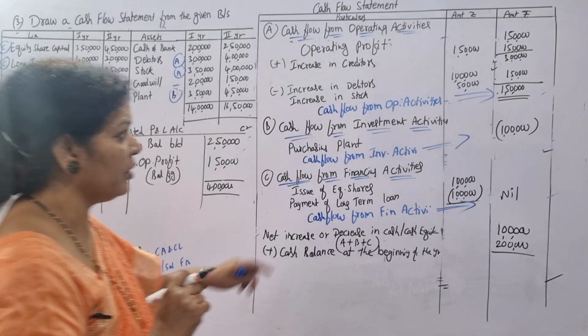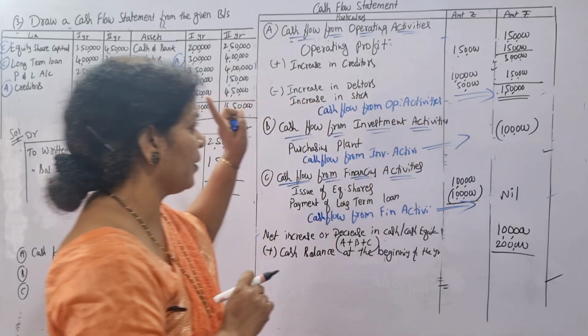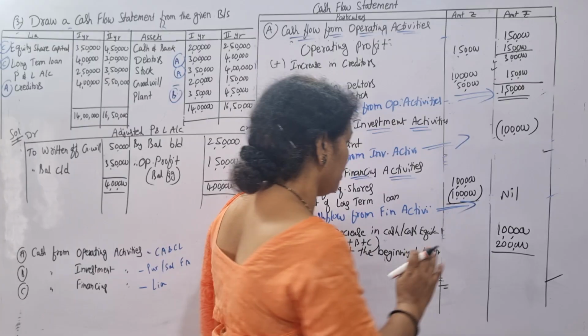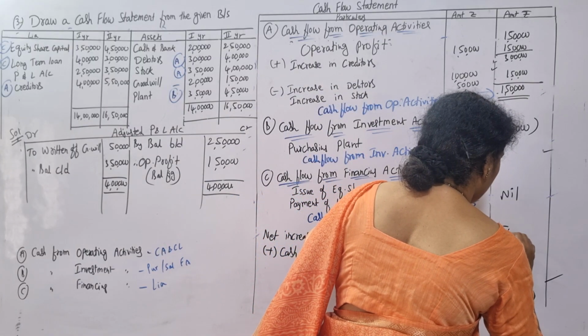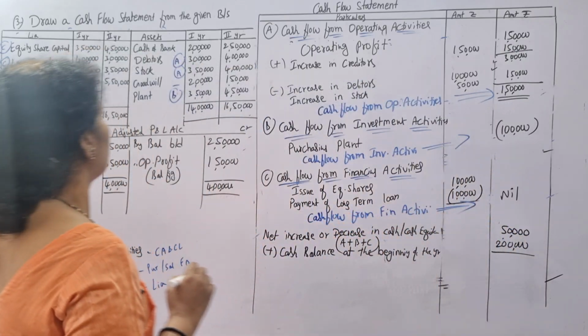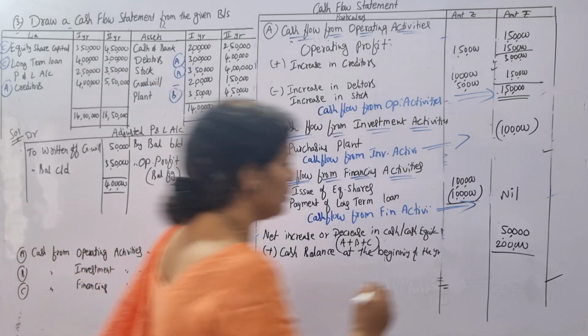Small mistake is there. 1,50,000 minus 1 lakh minus 1 lakh comes to 50,000 only here. This is 50,000. To the 50,000, if we add the opening cash balance, you are getting 2,50,000.